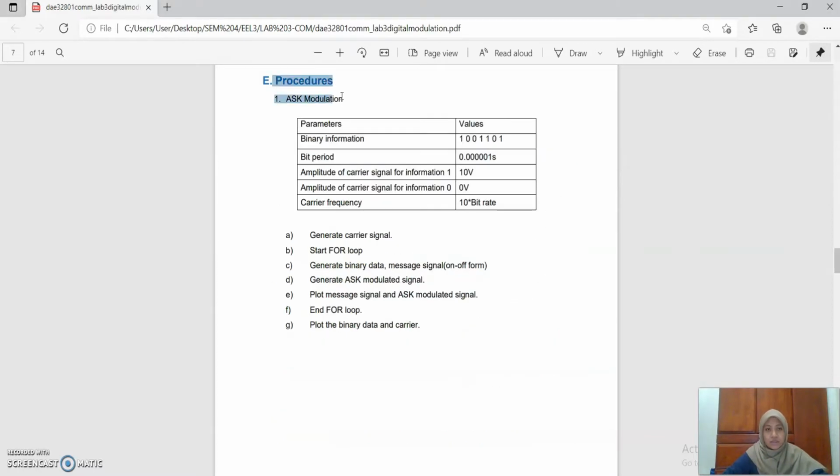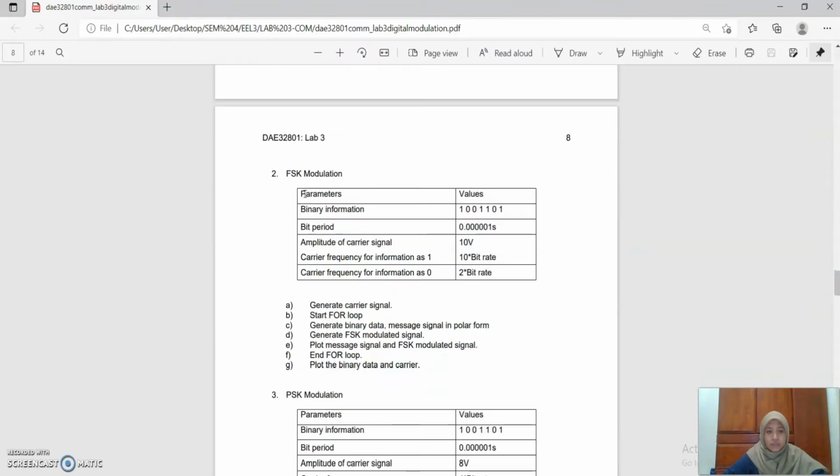This is the procedure for the first lab activity, which is ASK modulation. As we can see here, the values and parameters are already given in this lab activity, and we need to generate the carrier signal, generate binary data, generate the ASK modulated signal, and plot the message signal and the ASK modulated signal. For FSK modulation, the parameters and values are already given, and we just need to generate the carrier signal, binary data, and the FSK modulated signal.